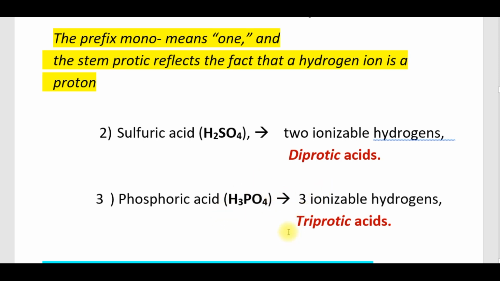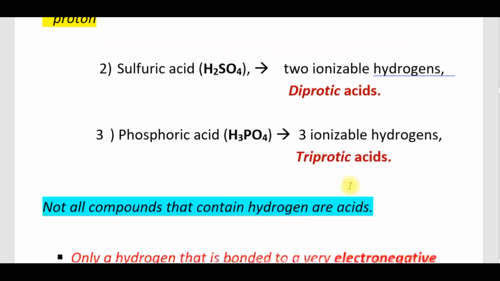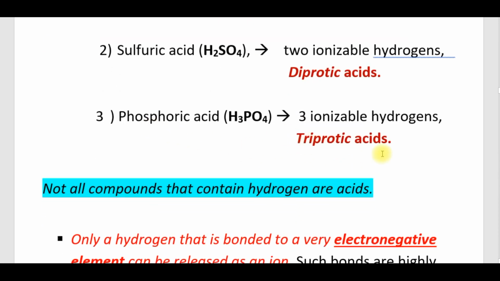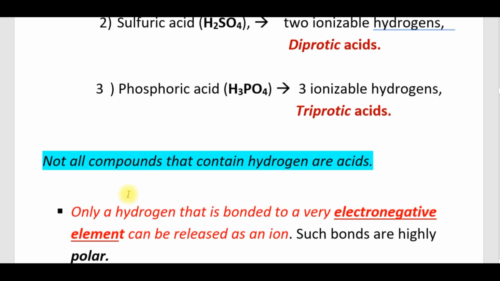The second is H2PO4 minus giving H plus and HPO4 2 minus. That is how phosphoric acid is ionized. Since phosphoric acid has 3 ionizable hydrogens, it is called a triprotic acid. And we can see that not all compounds that contain hydrogen are acids.